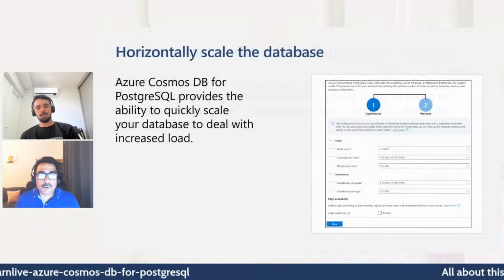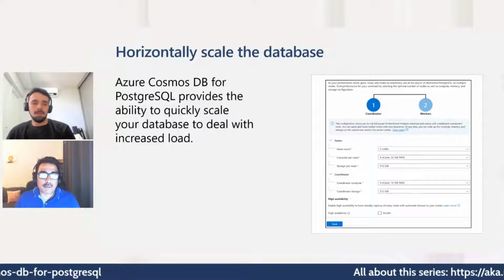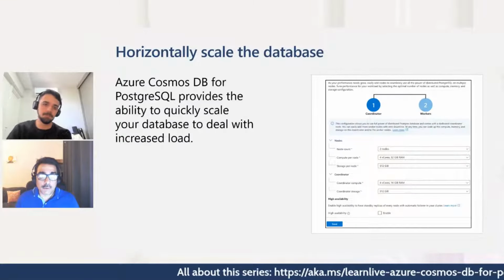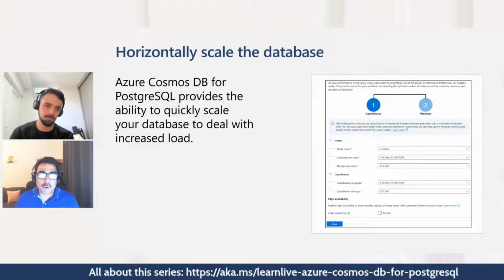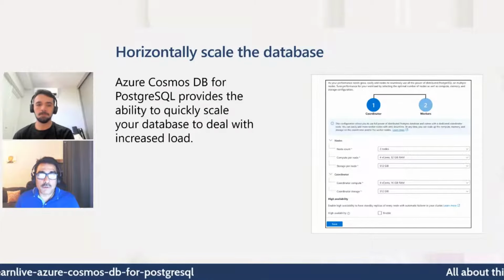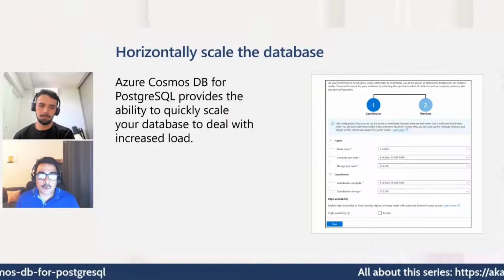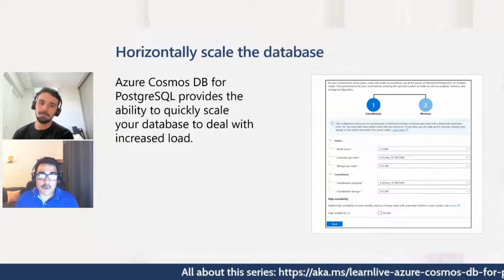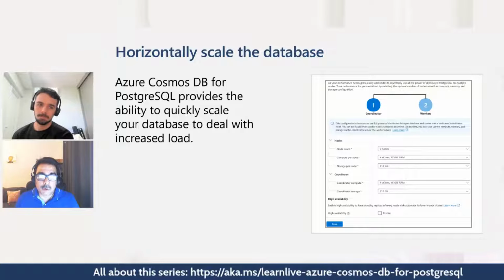If you move to the next slide, the first step is you have to create nodes. You're moving from a single node to multiple worker nodes, right? So you're going to be creating one coordinator node, and then you can create 2 additional worker nodes.